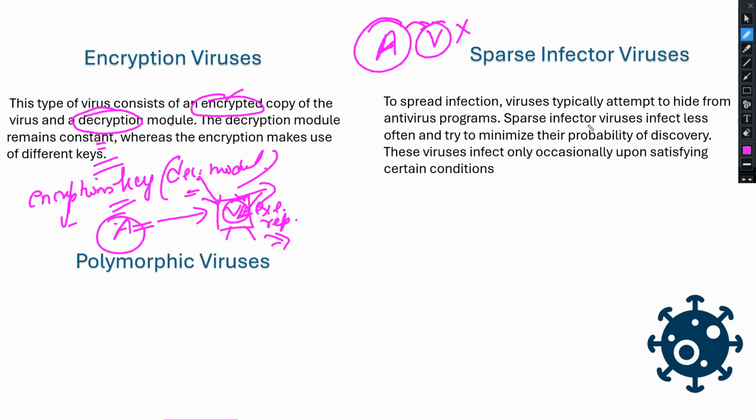Sparse infector viruses infect less often and try to minimize their probability of discovery. These viruses infect only occasionally, upon satisfying certain conditions.